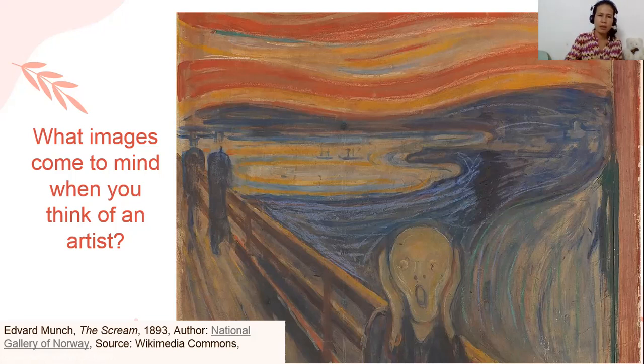Imagine, napakatagal ng panahon yan. But until this time, this painting is still showing the same situation that every individual is facing or suffering.